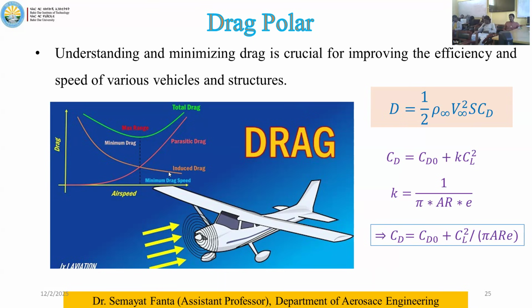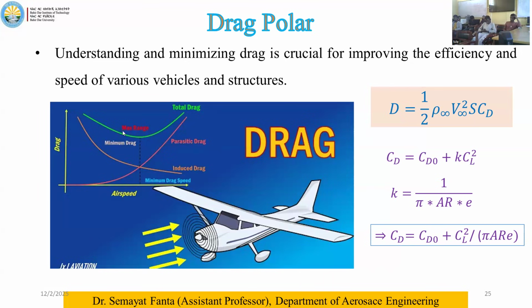As the aircraft speed increases, the induced drag decreases exponentially. At the same time, as the aircraft speed increases, the parasitic drag increases continuously in an exponential manner. The point where parasitic drag and induced drag intersect is called the minimum drag point. That minimum drag is the minimum thrust point.